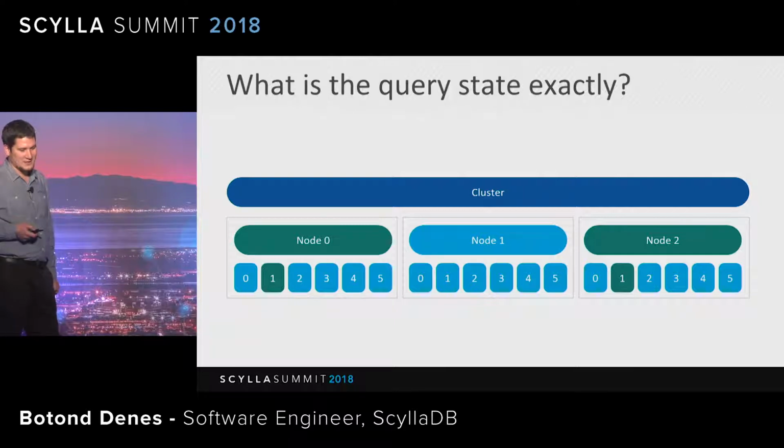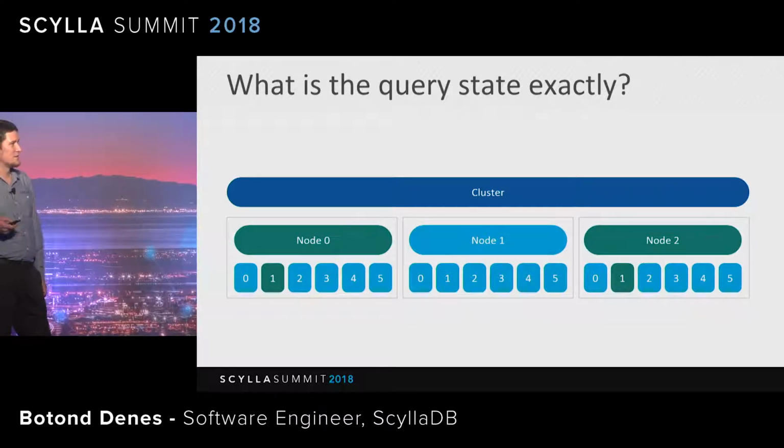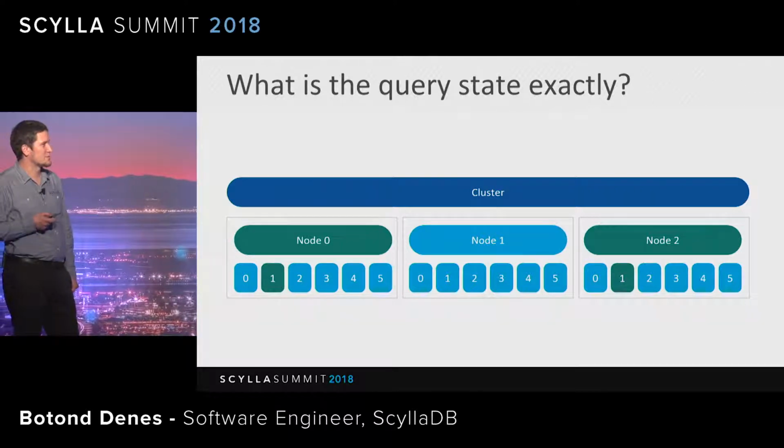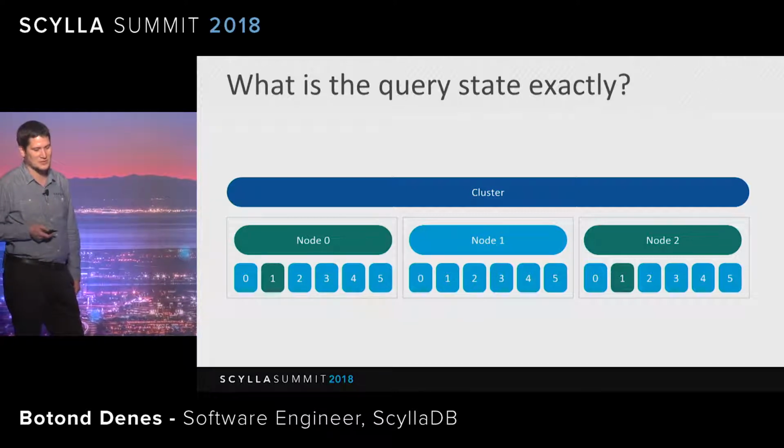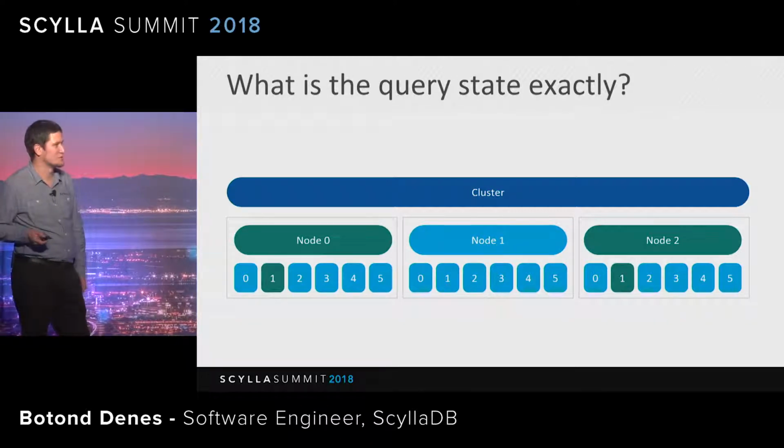So let's talk about this mysterious query state in more detail. The query has a local state on each shard of each node that's involved in the query. So in this example, in this imaginary cluster that has 3 nodes, each with 6 shards, an imaginary query runs on shard 1 of node 0 and node 2. The state of this query would be made up of a local state on shard 1 of node 0 and a local state on shard 1 of node 2.